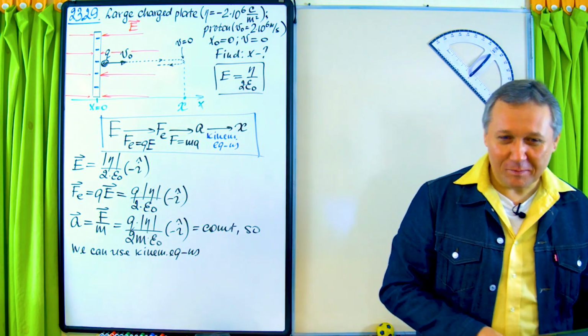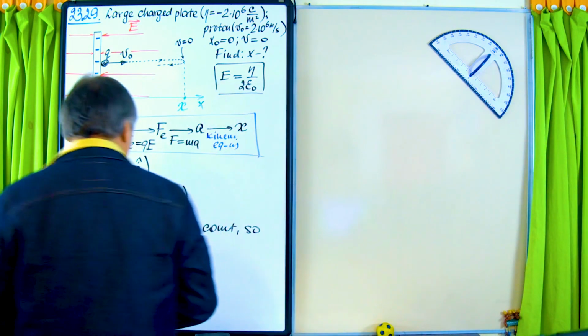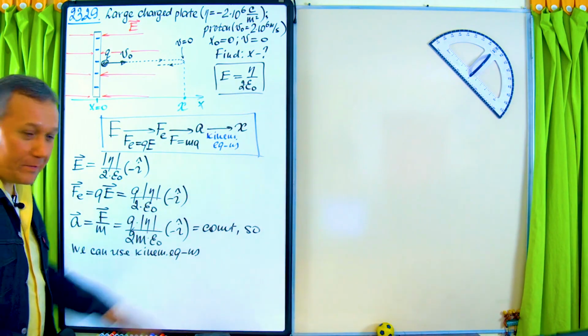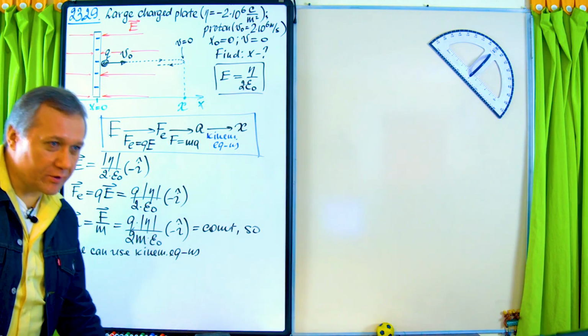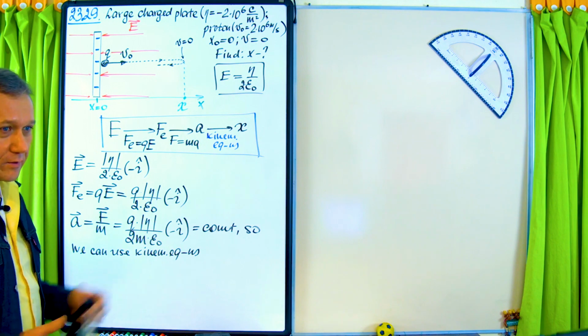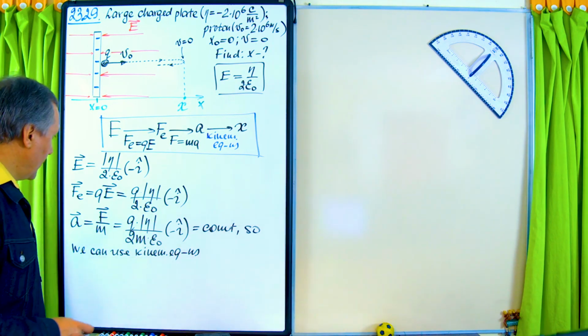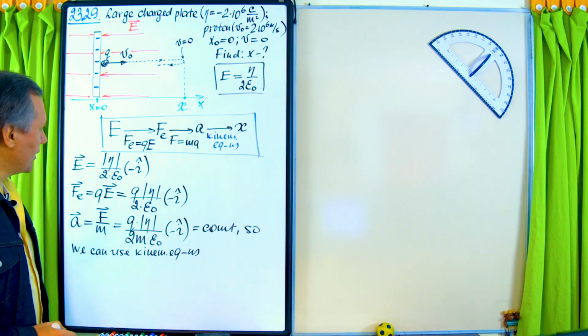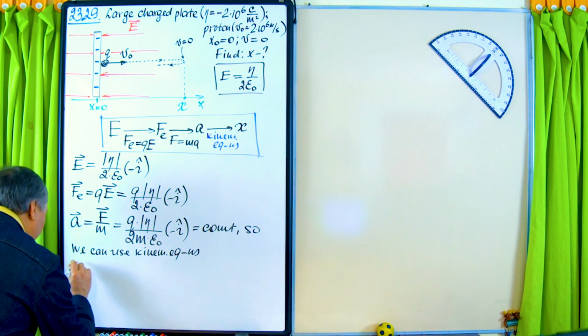A mathematical crime, a physical crime, right? So now the question: which kinematic equations can be used? There are several of them. Should I write them down quickly or not? Okay, maybe let me refresh quickly.